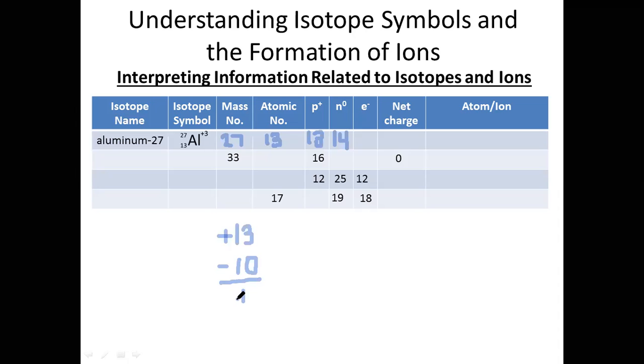Comparing those gives us the value of +3, net charge of +3. So our net charge, +3, is revealed by having 10 electrons. So we would call this an ion. That's because it has a net charge.